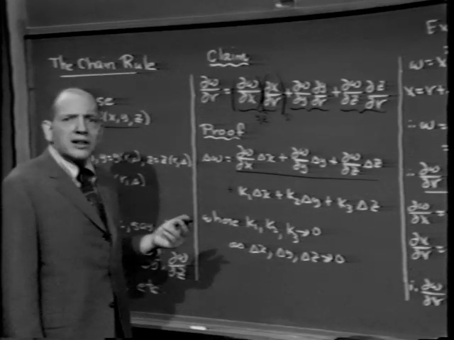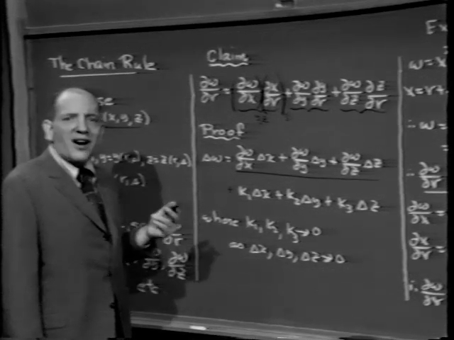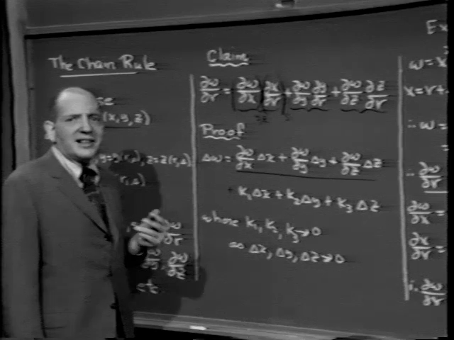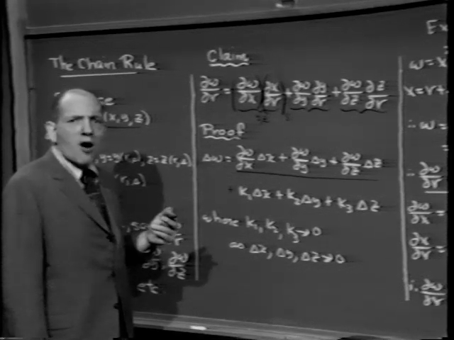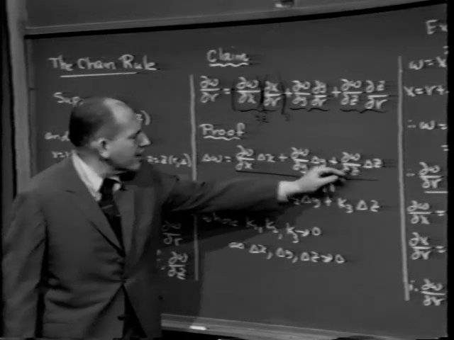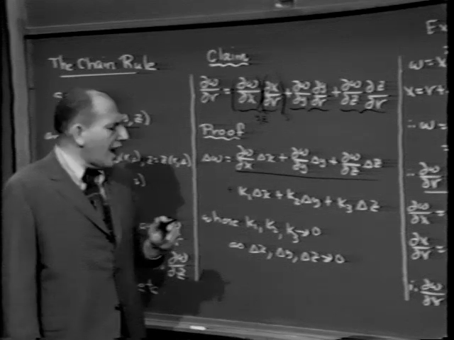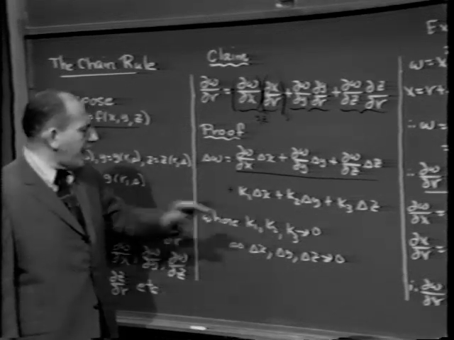I should point out that on the frontiers of knowledge, enough situations occur where the functions that we're dealing with are not continuously differentiable that some horrible mistakes can be made by assuming that you can replace delta W by this without any significant error. But as long as this is the case, we can do this.